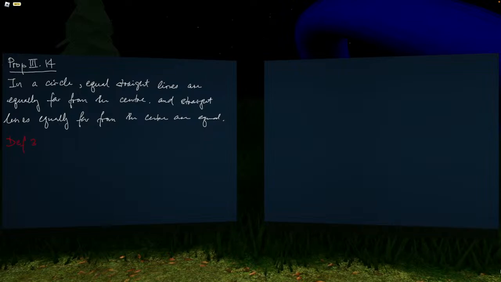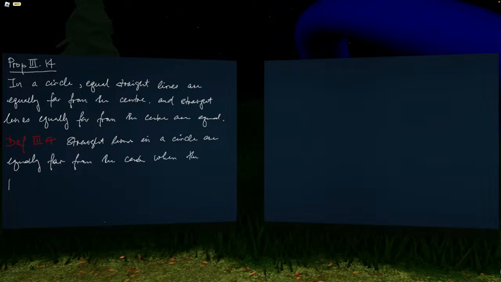There's a definition, 3.4, which says that straight lines in a circle are equally far from the center when the perpendicular lines drawn from the center to the lines are equal. Cool. So I guess this time we have to draw the picture on the next board.